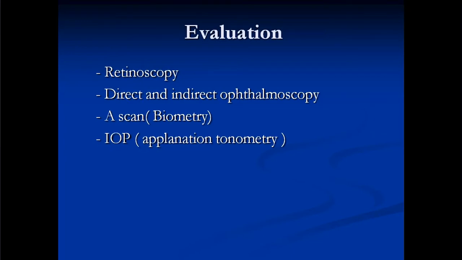And in etiology, we have seen the axial length is increased, or in other words, the eyeball size is bigger, the curvature of the cornea is more, the refractive index may be increased, or the lens may be placed a little anterior to the regular position. So these are the causes.